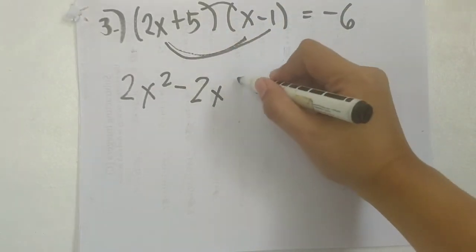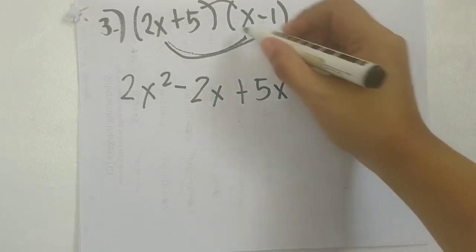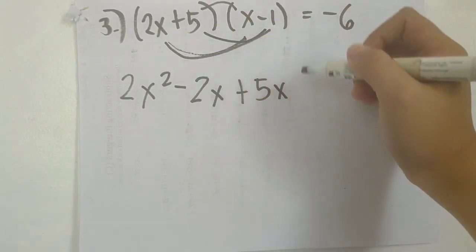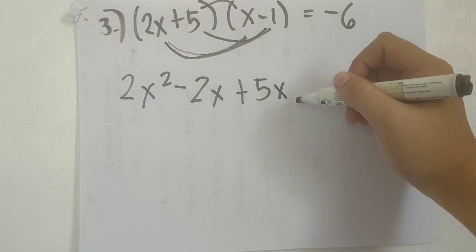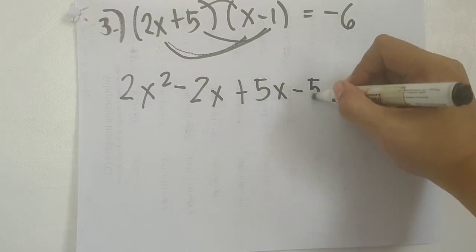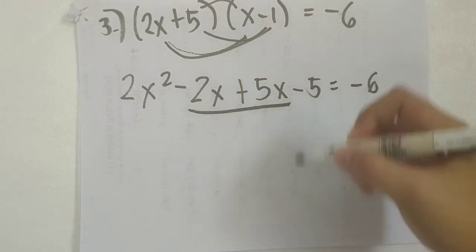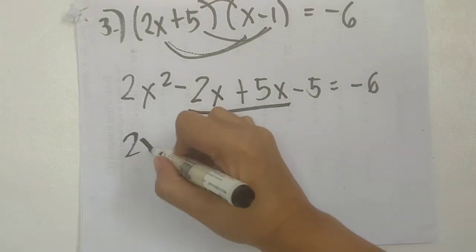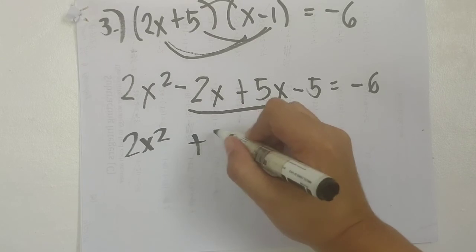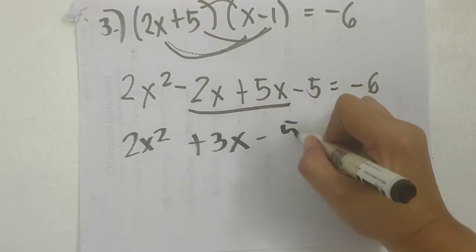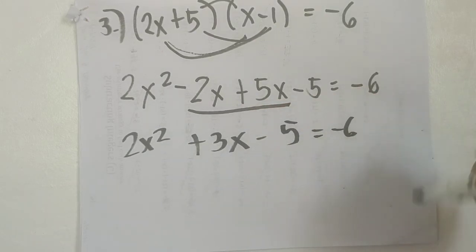And then 5 times x, we have 5x. And then lastly, we have 5 times negative 1 is negative 5 is equal to negative 6. Combining similar terms, ito yung similar terms, we have 2x squared plus 3x minus 5 is equal to negative 6.